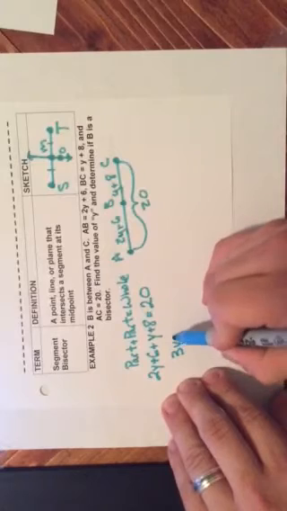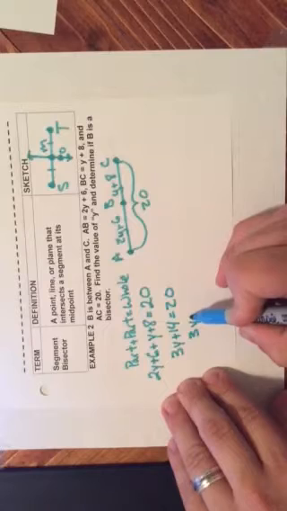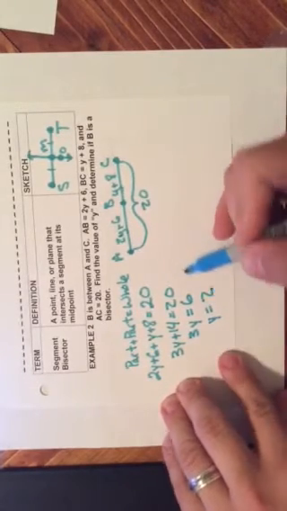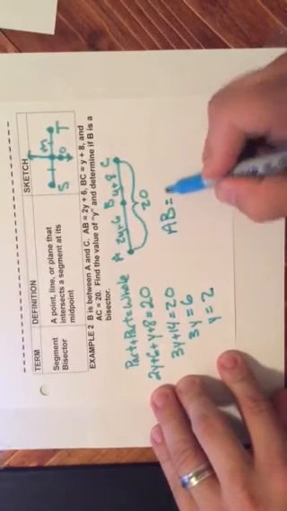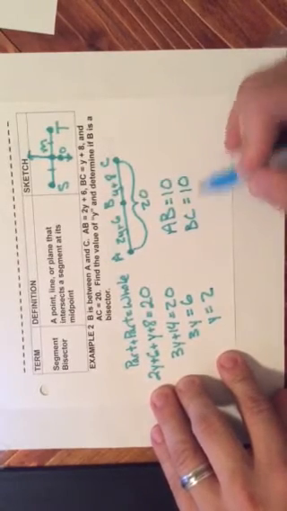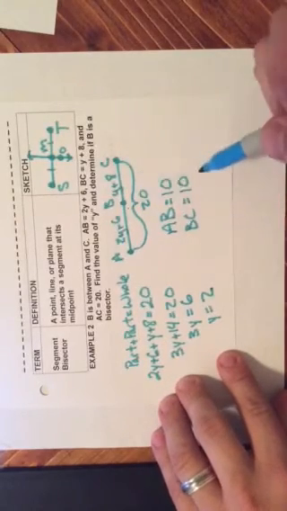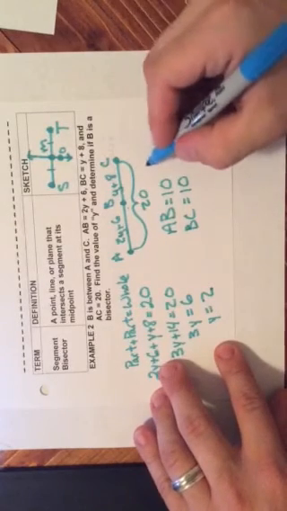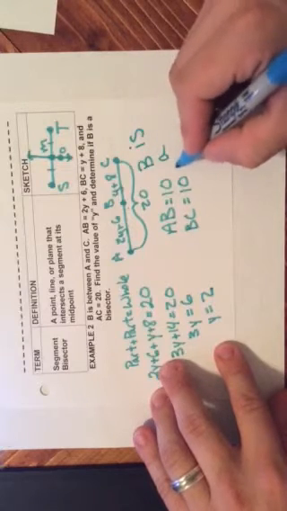Or 3y plus 14 equals 20. 3y equals 6, or y equals 2. Go ahead and plug that back in, and I would say that AB equals 10, and BC equals 10. Remember, no line above means the distance between. So because AB and BC are equal amounts, and B is between A and C, B is a bisector.